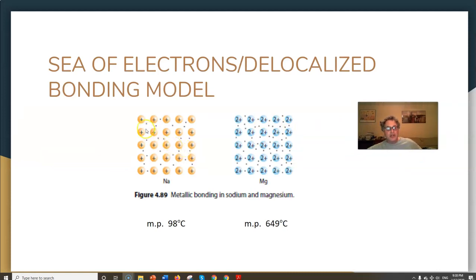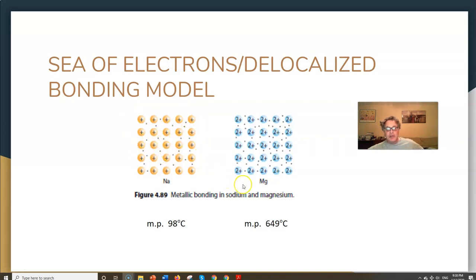You would see that the sodium atoms are no longer atoms but ions. They're +1 ions or cations, and that the one valence electron of sodium, sodium's 3s1 electron, is free to move throughout these many positive sodium cations.